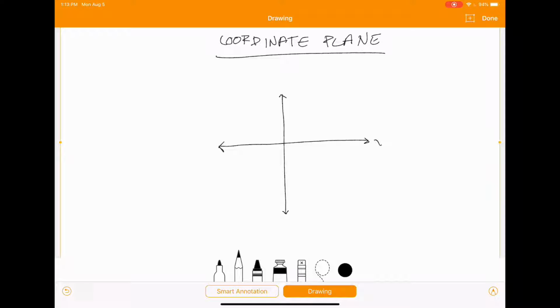And this is going to be your x-axis. This is going to be your y-axis. To the right is positive. To the left is negative. Up is positive. Down is negative. And these are all built up of integers.